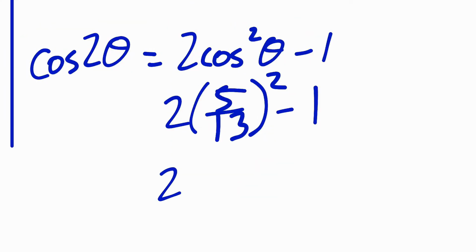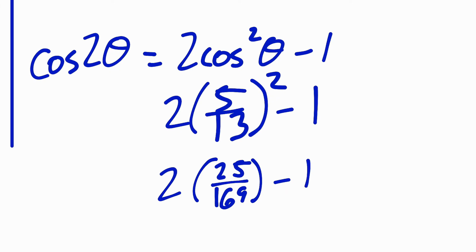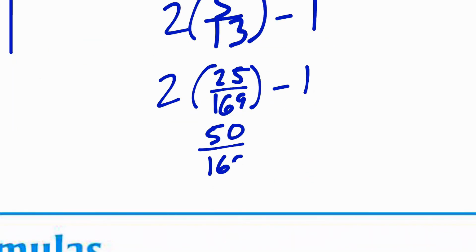So this would be 2 times 25 over 169, minus 1, which would give us 50 over 169. And then we have to subtract 1, but we're going to write 1 as 169 over 169.